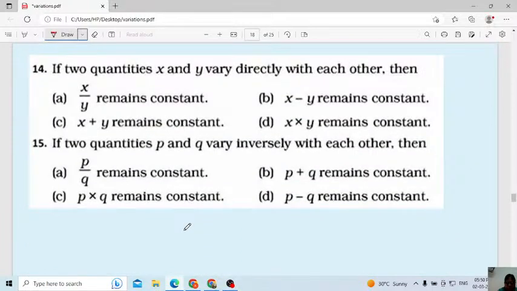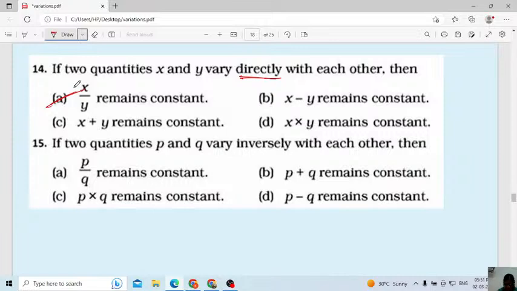Yes, simple questions. Solve. I want correct answer. Don't give wrong answer, okay? Think and give. Easy. X, Y are directly proportional with each other. What is the meaning? Option A. Yes, everyone is telling option A. That is the correct answer.